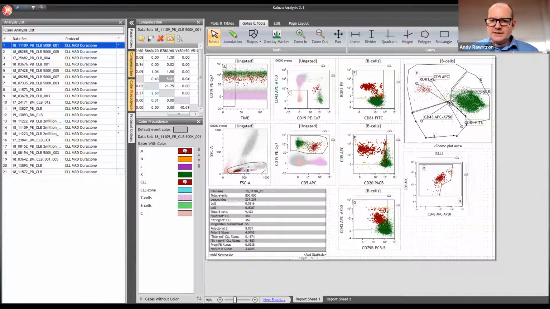Going this way, we have CD81, and this way we have CD43. So the progenitors have very strong 43 and 81, so they get pulled down this way. 81 is on normal B cells and very strongly on progenitors. So this sort of pulls the normal B cells away from the CLL cells.